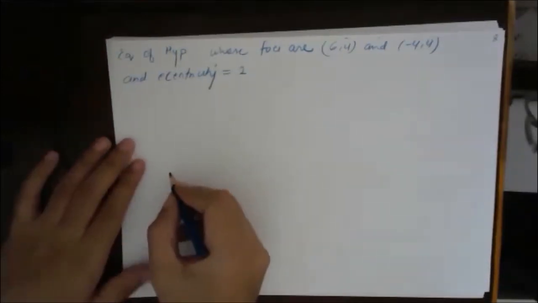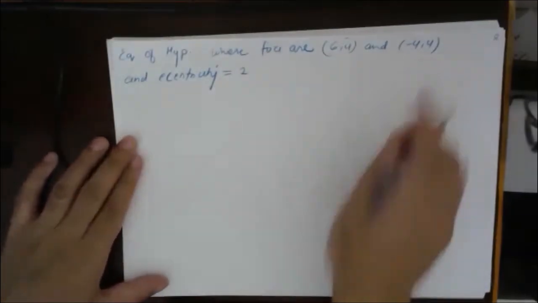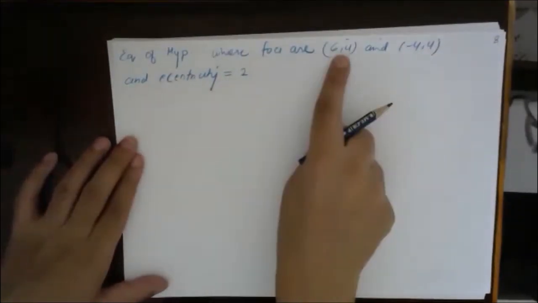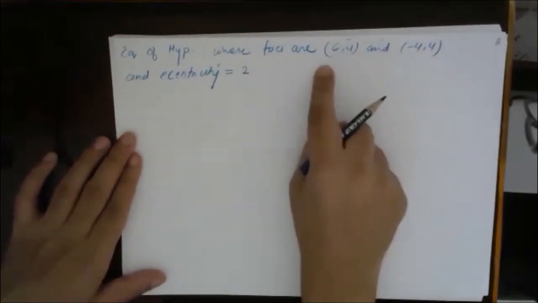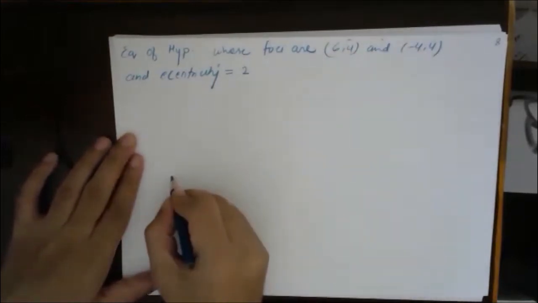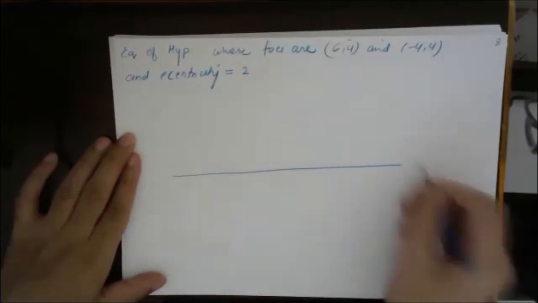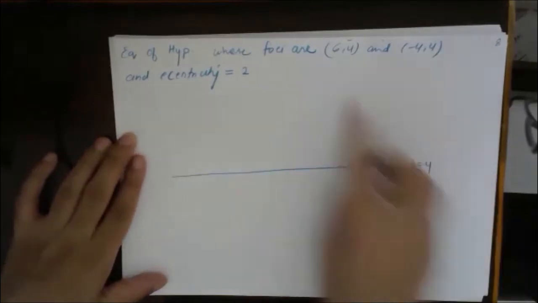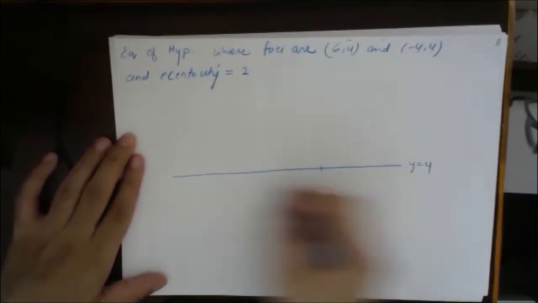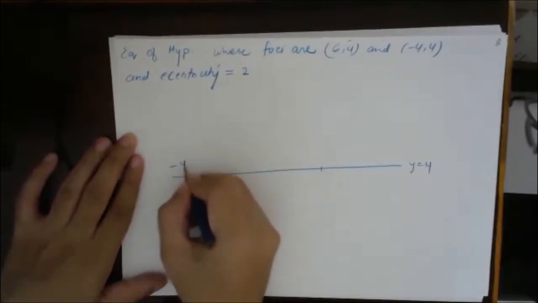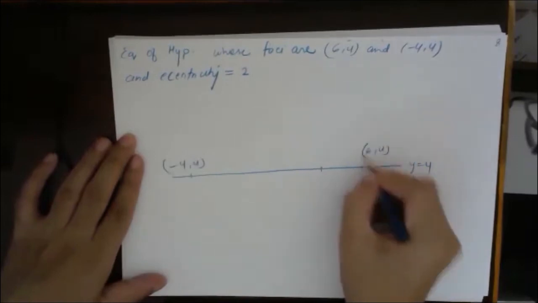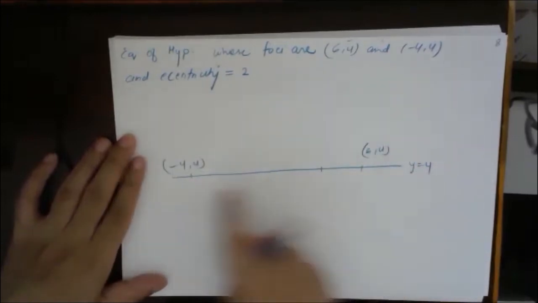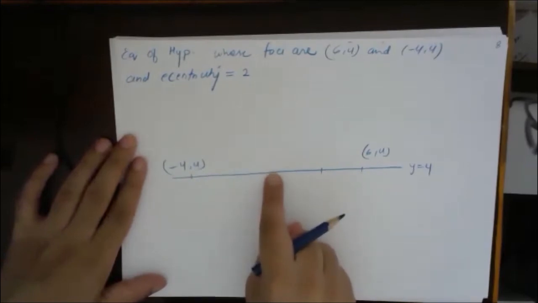So what they are saying is that these are the two foci, right? And we know that these 2 points lie on a straight line which is y is equals to 4. This is minus 4 comma 4 and this is 6 comma 4. These two are the foci, and the midpoint of the foci will be the center.